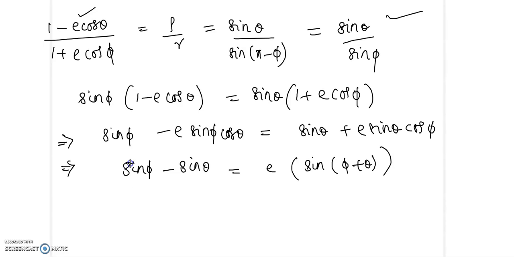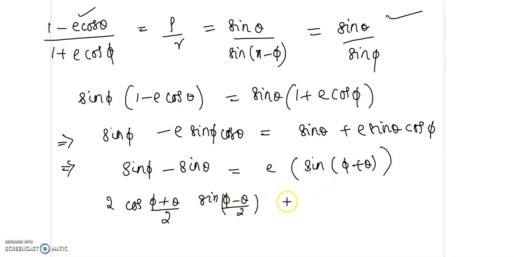Now this is in the form sin A minus sin B. So we will get 2 cos of (A plus B) by 2 into sin of (A minus B) by 2. So we will get here 2 cos of (phi plus theta) by 2 into sin of (phi minus theta) by 2.